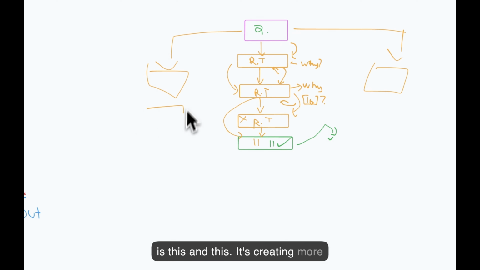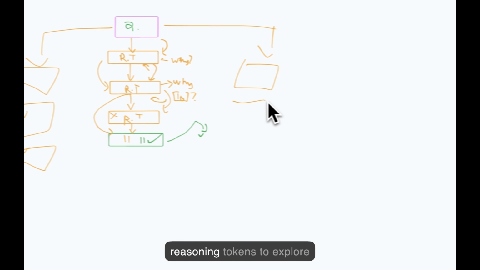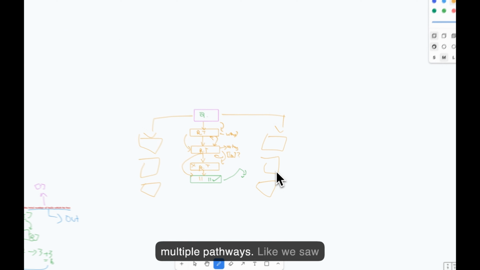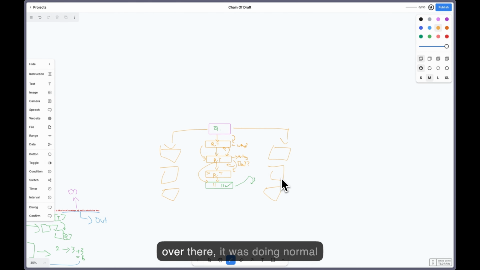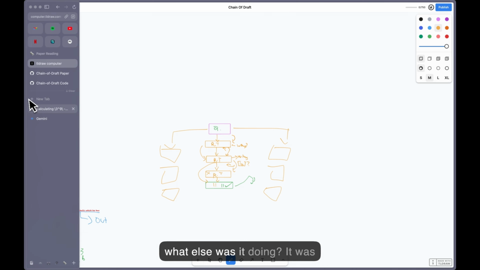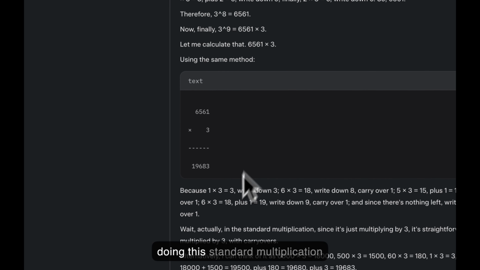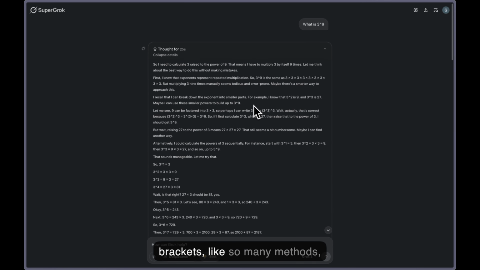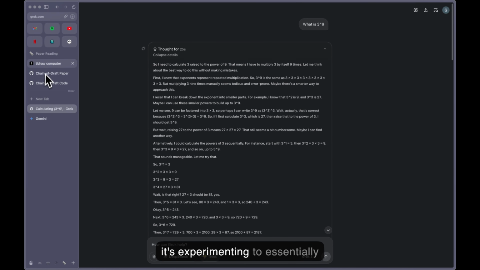It's creating more reasoning tokens to explore multiple pathways. Like we saw over there, it was doing normal multiplication, and what else was it doing? It was doing this standard multiplication method, and then it was doing in brackets, like so many methods. It's experimenting to essentially ensure that the answer which I'm getting is correct.